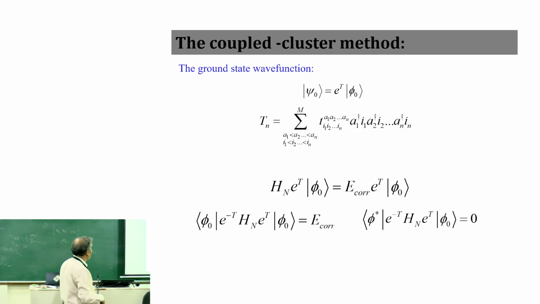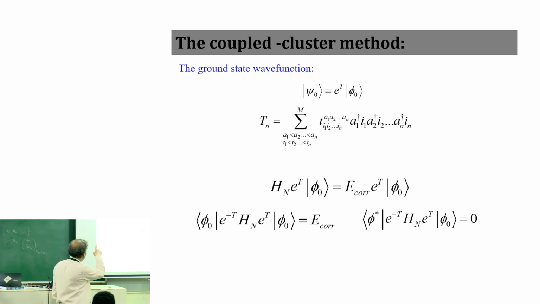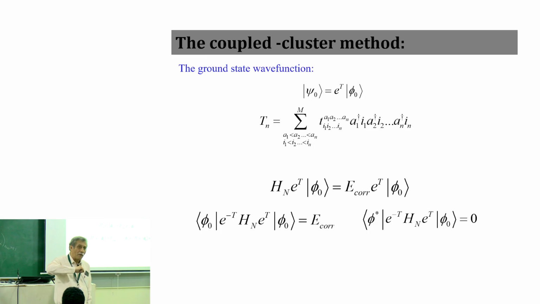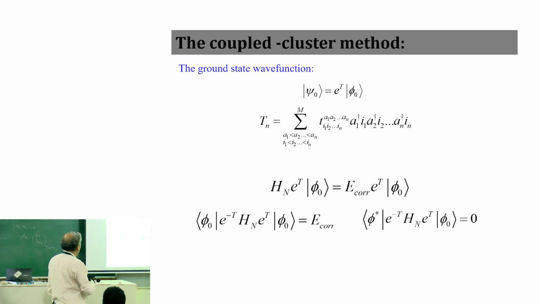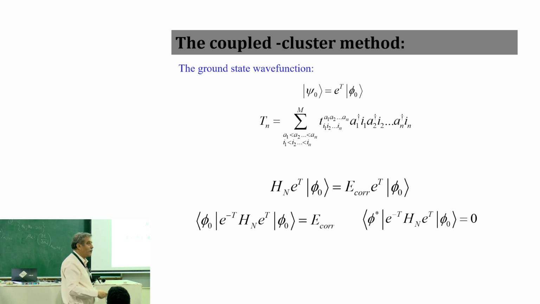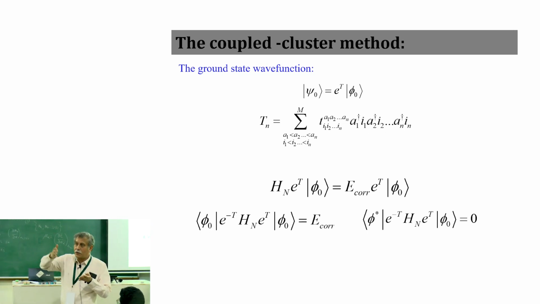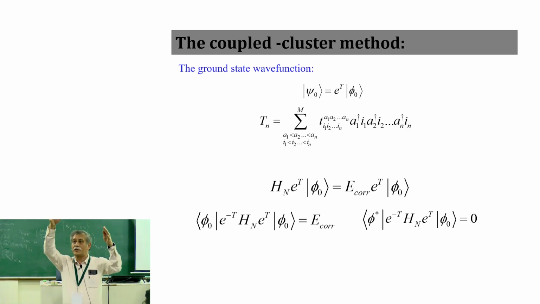So for example, the first one is a1 dagger, i1. That means that an electron is destroyed from i1, and created onto an a. And then a2, i2, an, in, which means I have now excited n electrons from occupied i1, i2 to in and put them in the virtual.